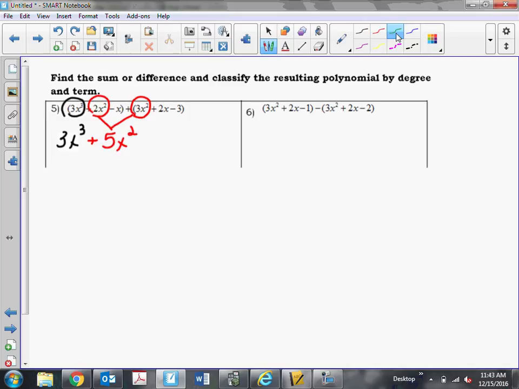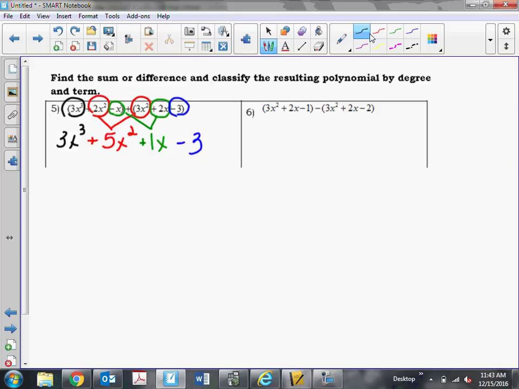We should also see that this negative x and this 2x are like terms, and they will combine to being a positive 1x, or just plain old x. This negative 3 does not have anything to combine with, so it's just minus 3.